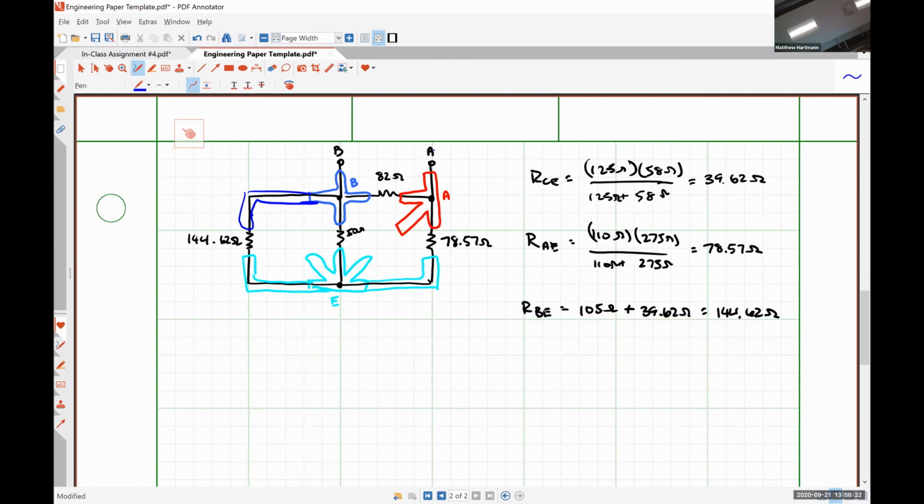So that is going to be what we're going to call, let's call it RBE prime. Somebody give me a number for that.